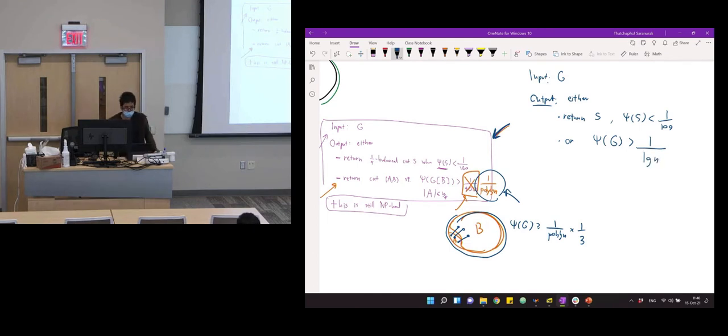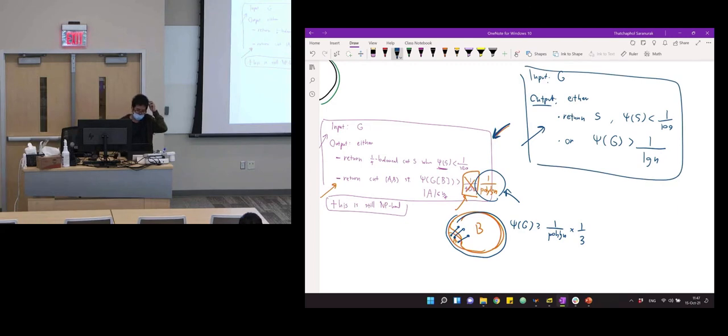So if you can approximate it up to log n factor, you can solve this one. Okay, and now given this subroutine, if we want to solve this, then we just do greedy.